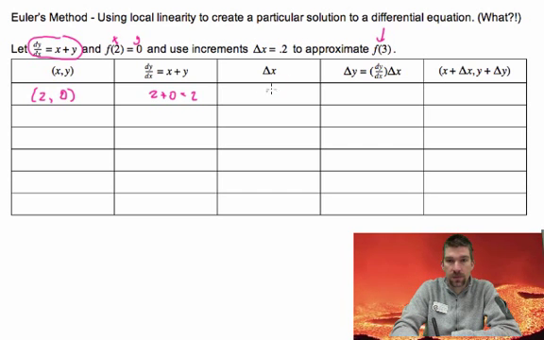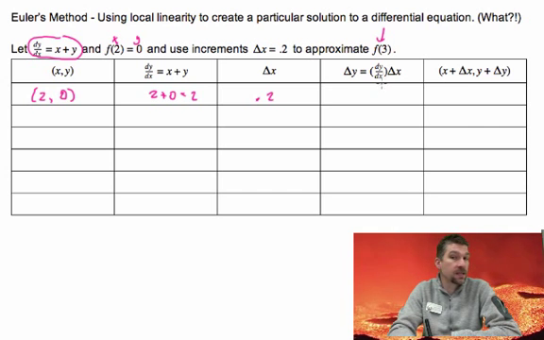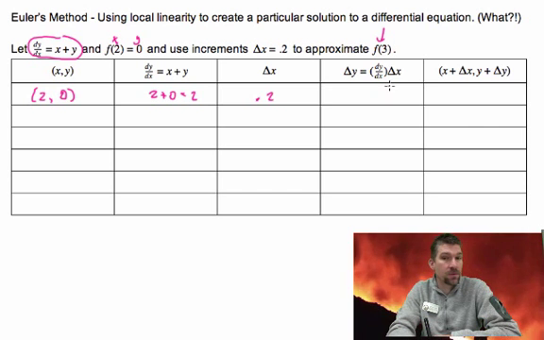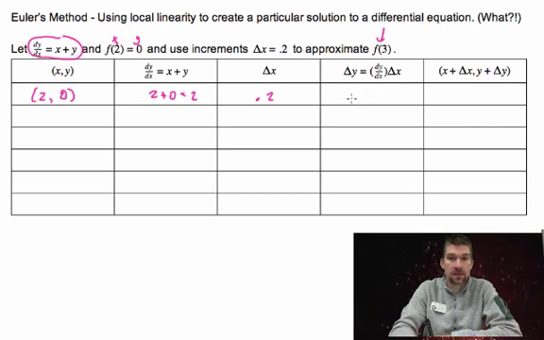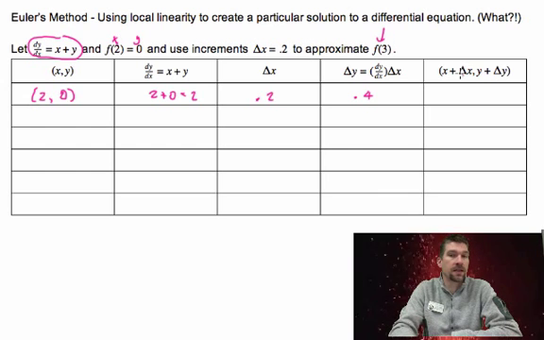Delta x, they already told us, is 0.2. Delta y is dy/dx times delta x. So 2 times 0.2 is 0.4. And then you add delta x and delta y.